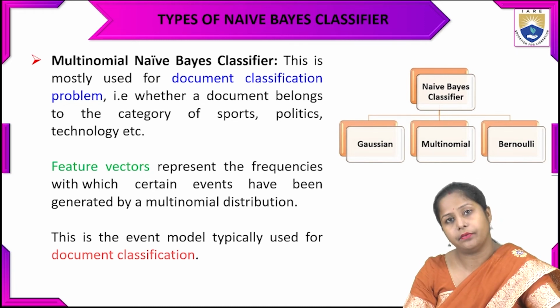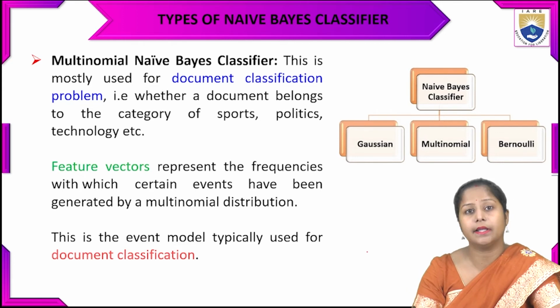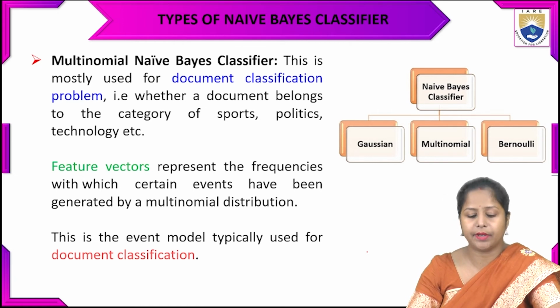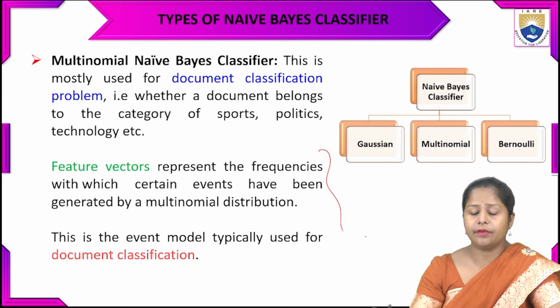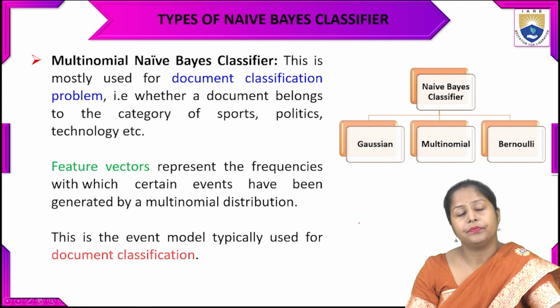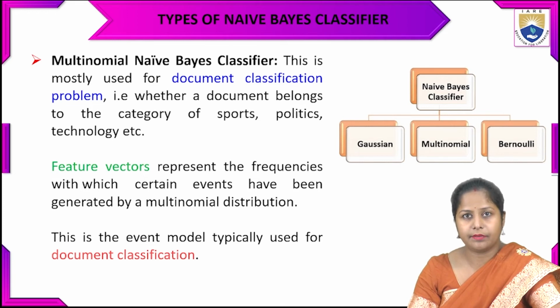In this type of classification, the feature vector represents the frequency with which certain events have been generated by the multinomial distribution. Basically it works on the basis of a feature vector. What is a feature vector?